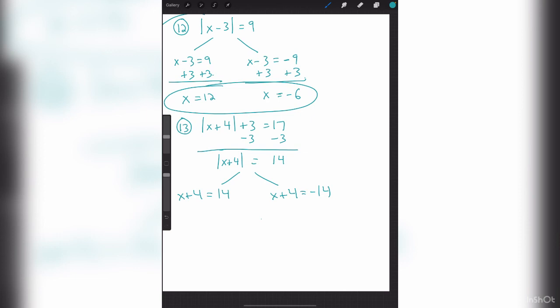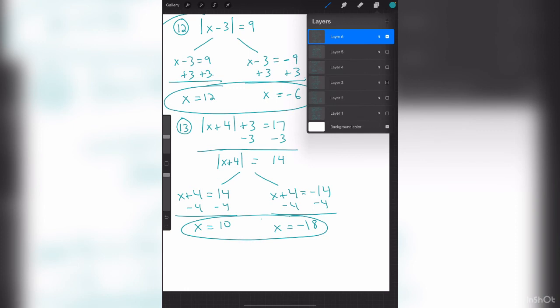Let's solve both. I'll subtract 4 from each side, and I get x is equal to 10. Over here, I subtract 4 from each side, and I get x is equal to negative 14 minus 4, which gives me negative 18. And that's my answer.